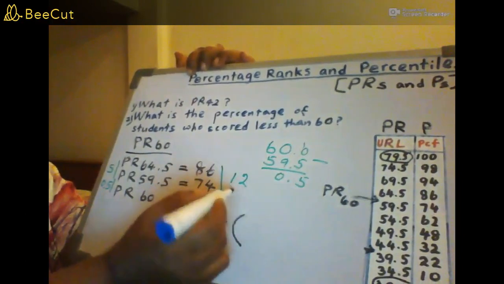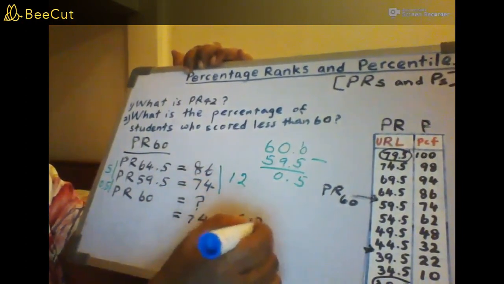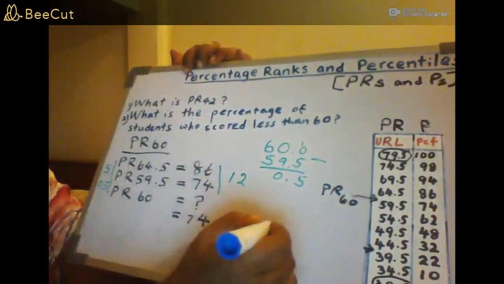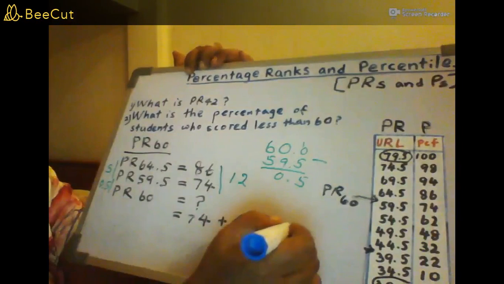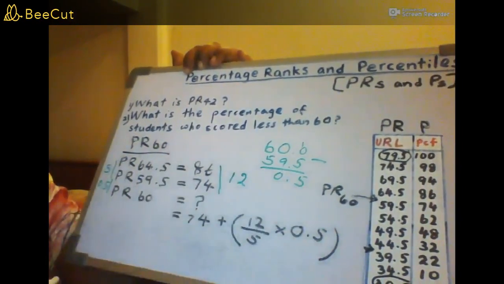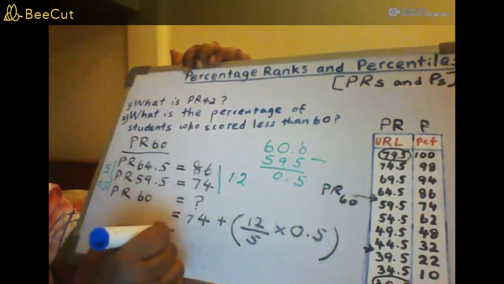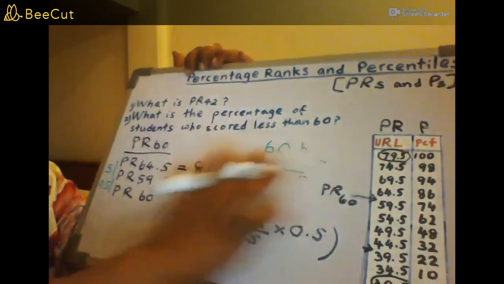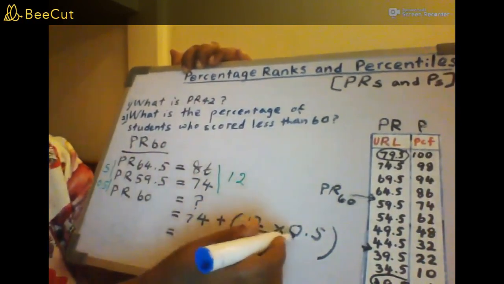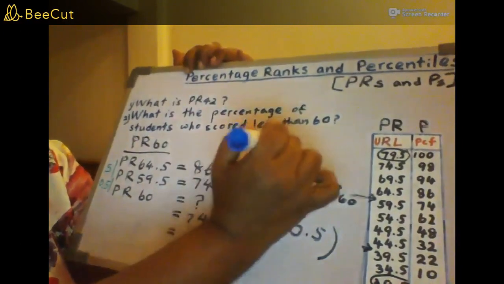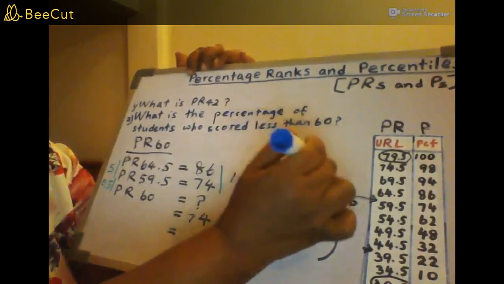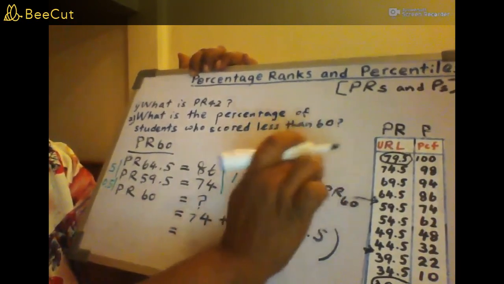Write the top value directly there. 12 divided by 5 multiplied by 0.5. Then what's the answer? 12 multiplied by 0.5.